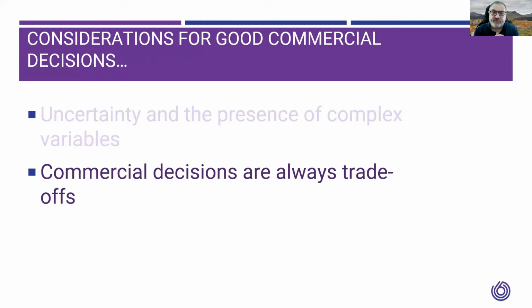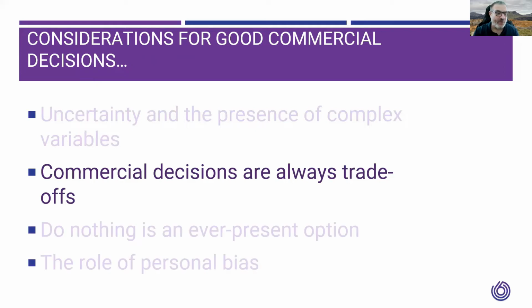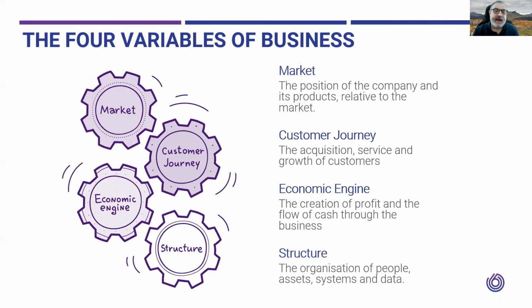The second thing we have to recognize in any commercial decision is that a commercial decision almost always requires a trade-off. And as a result of that, you can never really make a perfect commercial decision because you'll never quite know what would have happened if you'd gone a different direction with the trade-offs. And as we covered in the last training module, we're constantly trading off against these four things.